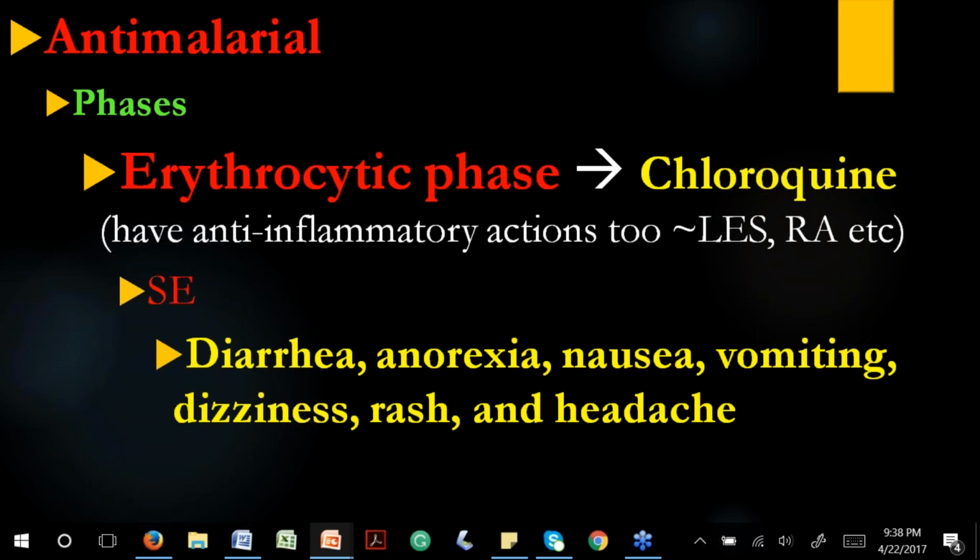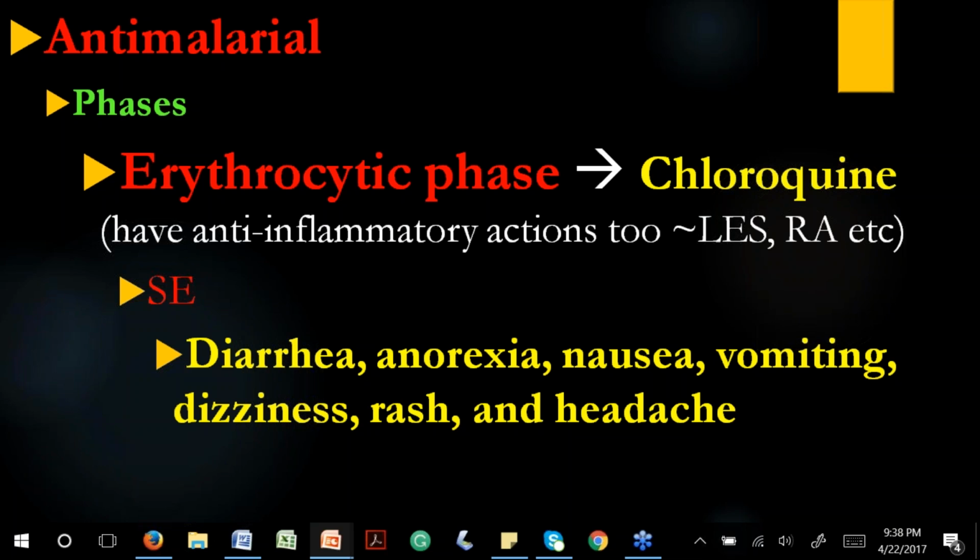when it's traveling through the bloodstream, and which medication is going to destroy the plasmodium when it is inside the red blood cell. Okay, so we have chloroquine. Chloroquine acts in the erythrocytic phase, killing the plasmodium inside the red blood cell.